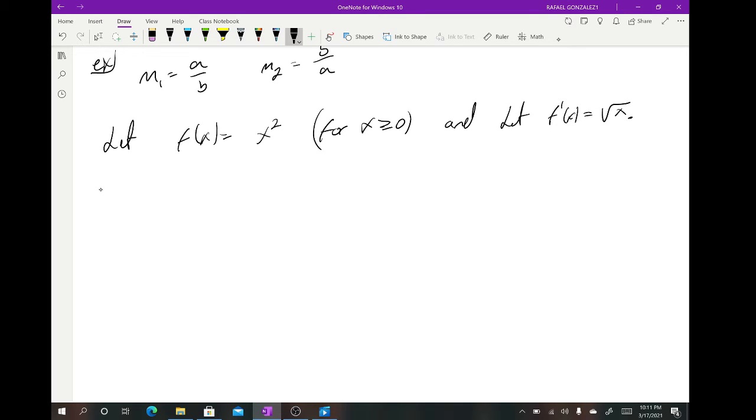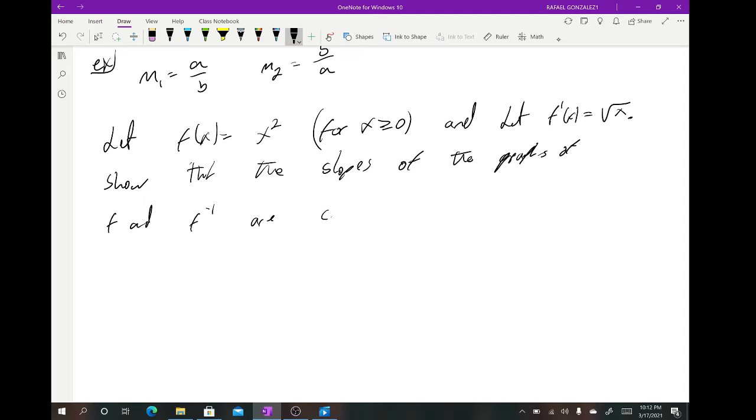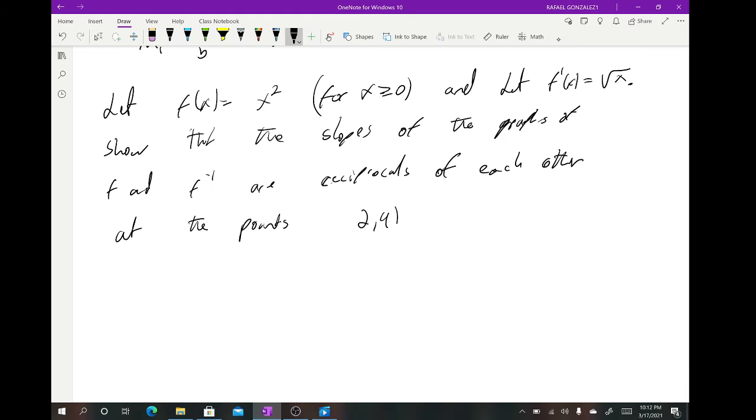The question we have to worry about here is to show that the slopes of the graphs of f and f inverse are reciprocals of each other at the points (2, 4) and (4, 2).